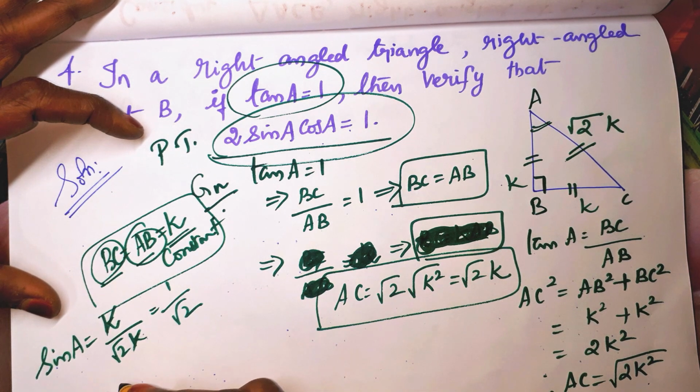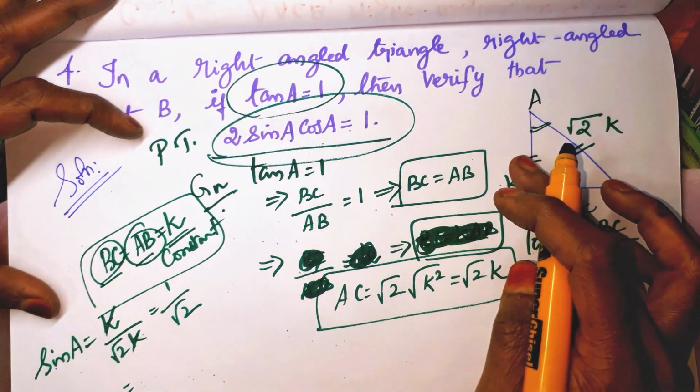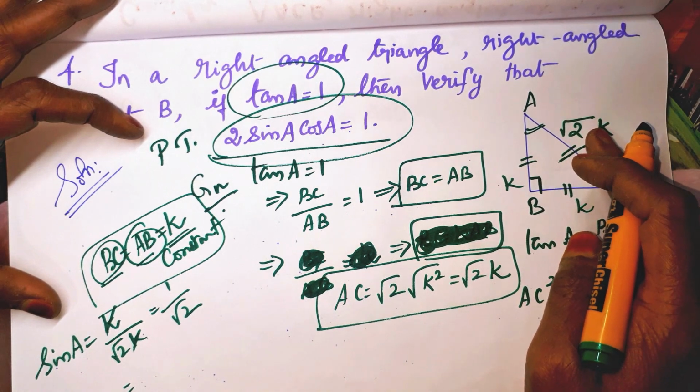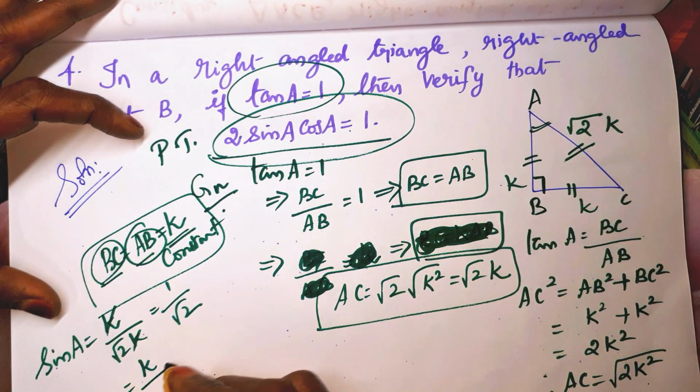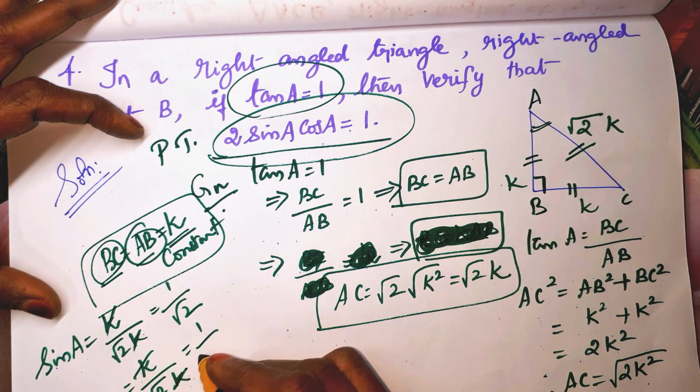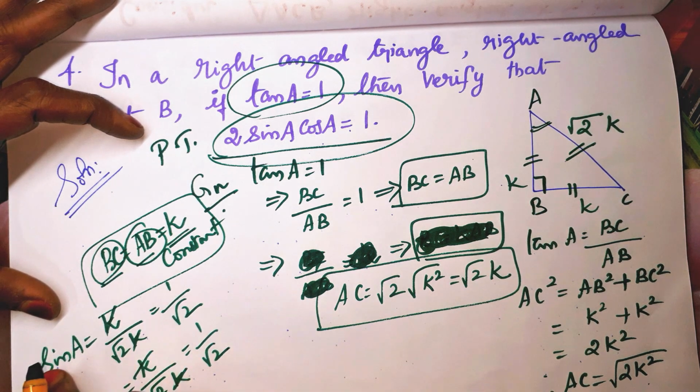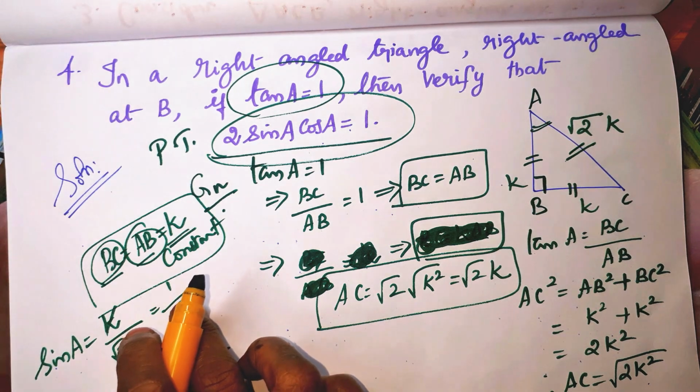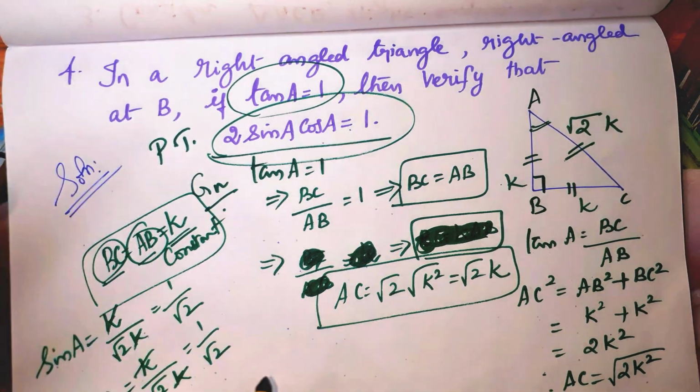What is cos A? Cos A is equal to adjacent side by hypotenuse. So adjacent side is K and this is root 2K. So 1 by root 2. So sine A is also 1 by root 2, cos A is also 1 by root 2.